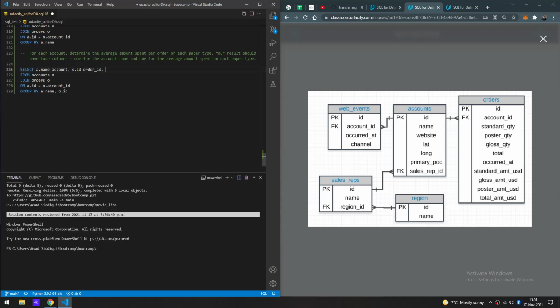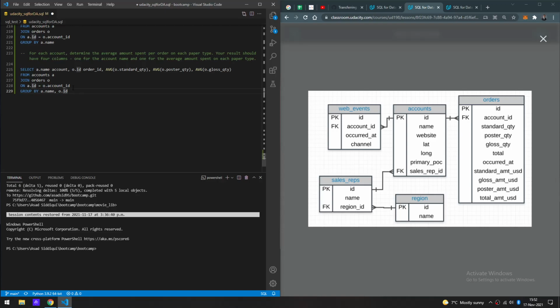And now for the remaining three, which is the average amount for each paper type, that's going to be standard quantity, and poster, and that's going to be, oh, we're also missing the gloss. I'm just going to stick with the aliases, and o.gloss_quantity.